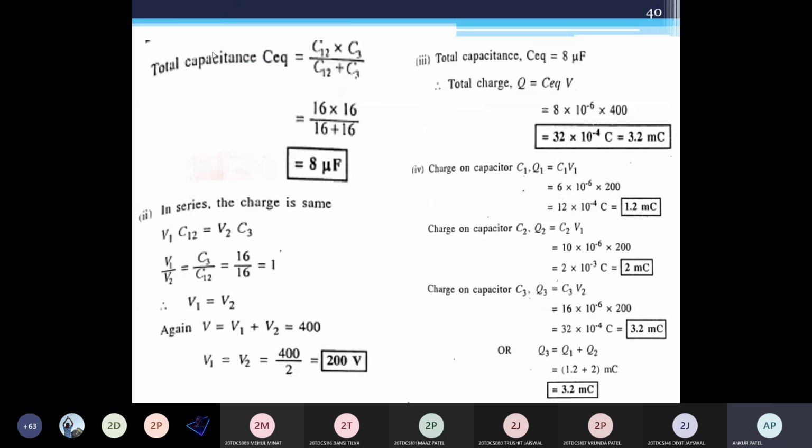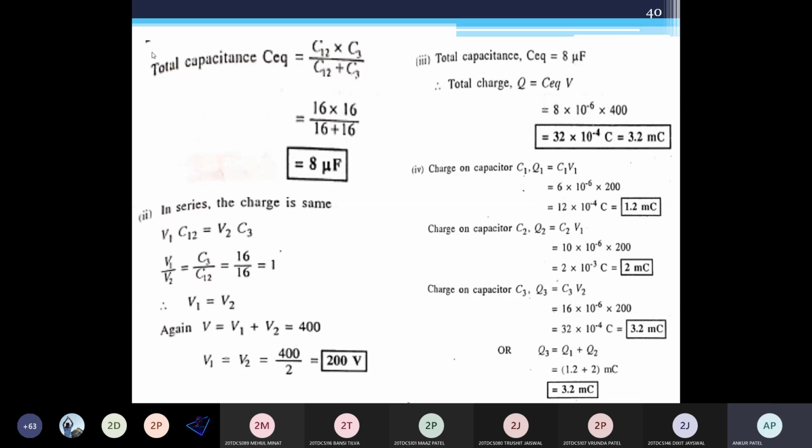Now total capacitance C equivalent is equal to, these both are in series connections, so we can write 16 into 16 by 16 plus 16. So that is 8 microfarad. Okay, total capacitance. So this is your first. You need to find total capacitance of the circuit.